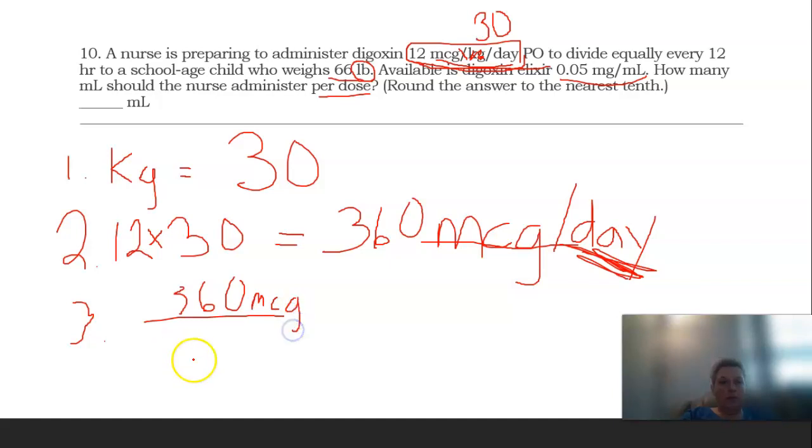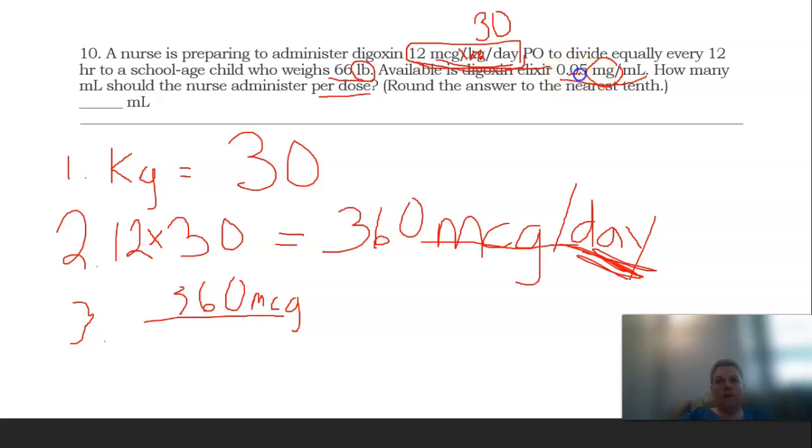But when I go to put my number under here, I notice there's a problem. So I either need to go one way or the other. Okay? So if I wanted to keep this simple, I would say, hey, do you want to just change that to micrograms? And if I did that, I would just times this number by 1,000.